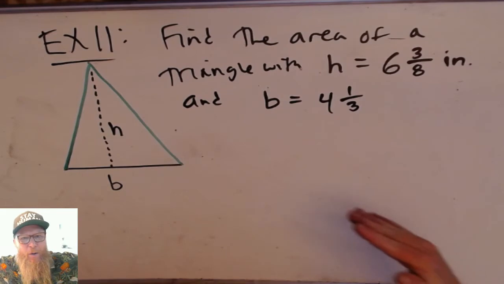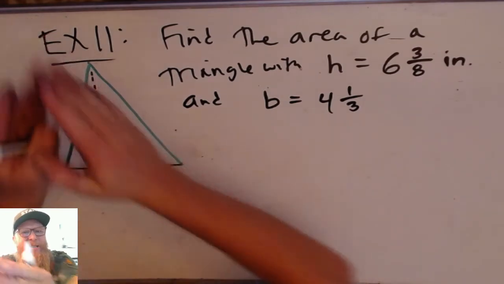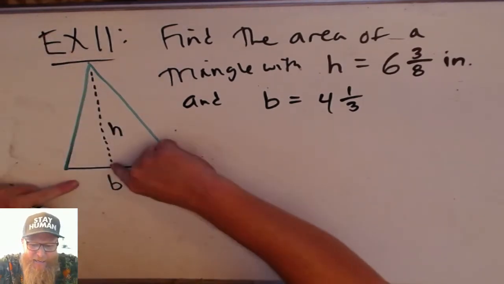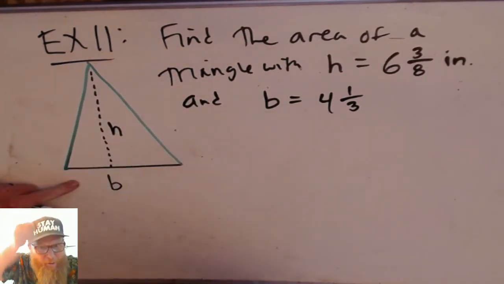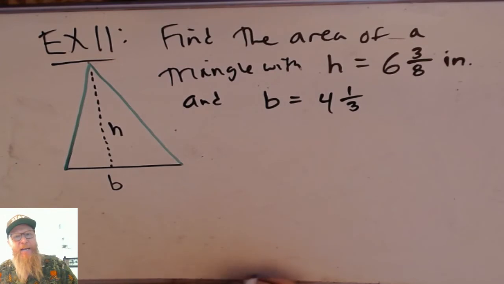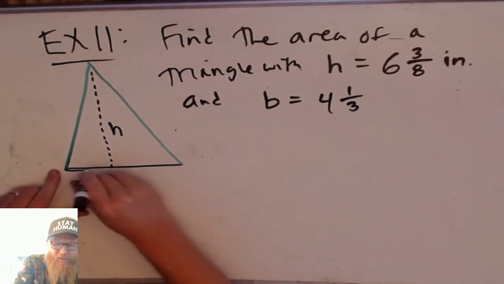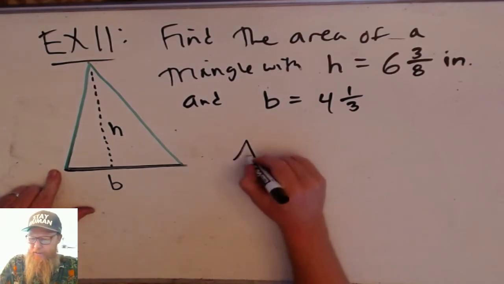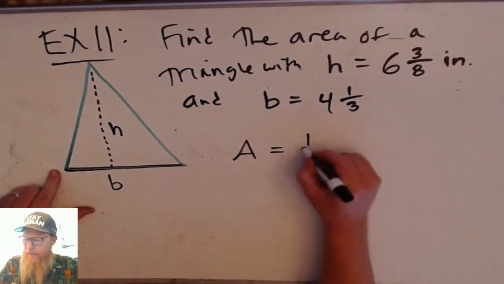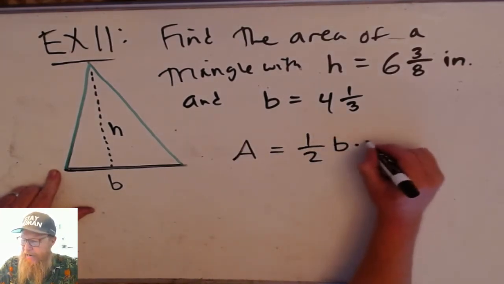It could be a big, wide tent, or it could be a tall, skinny tent. I think of it like a tent. The height is the tent pole, the center pole that holds up the roof of the tent. And the B is the whole base, like this. So the area of a triangle is 1/2 B times H.